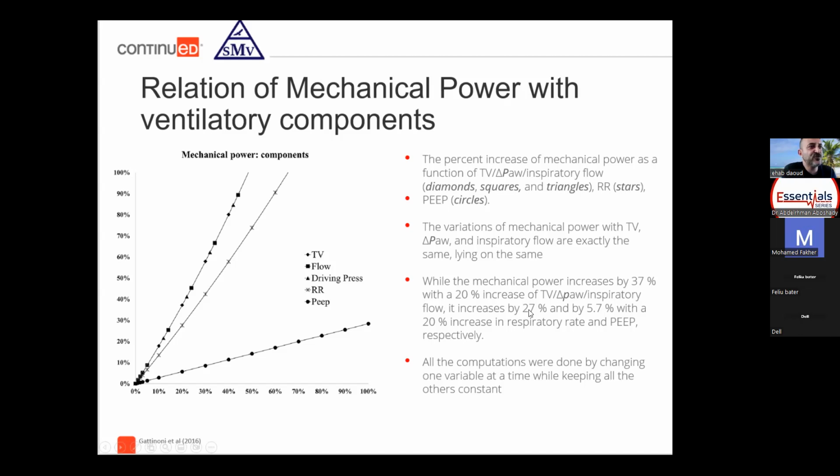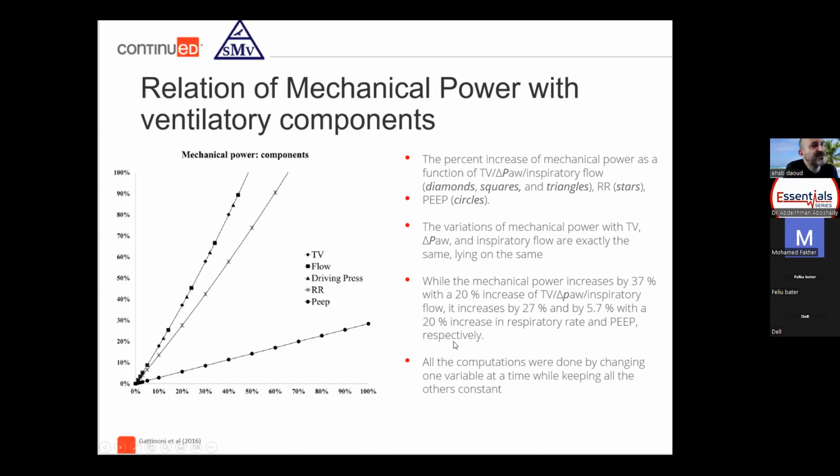And it increased by 27% for any 20% increase in the respiratory rate. So the curve is steeper here, meaning that the respiratory rate actually increased the mechanical power more. And it increased by 5.7% with change of the PEEP.